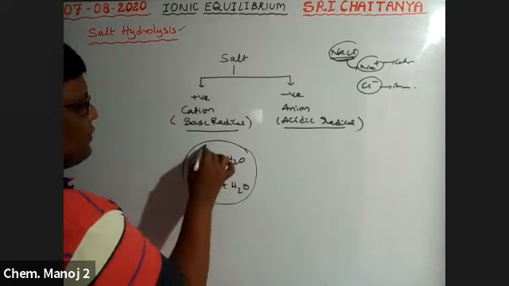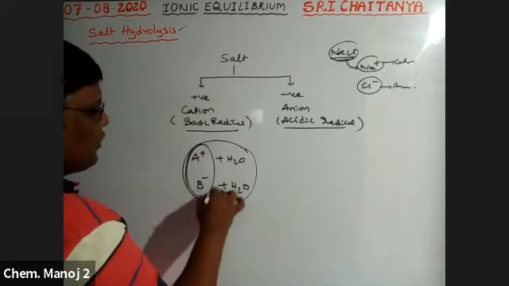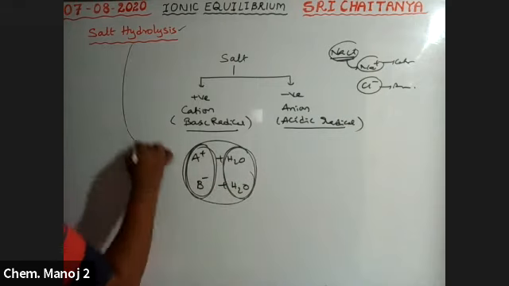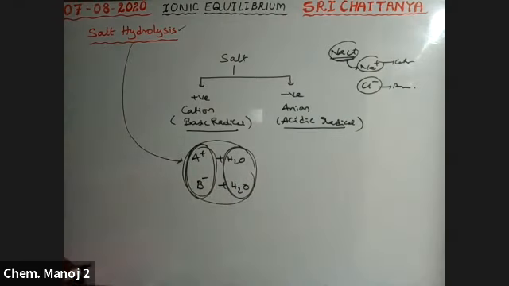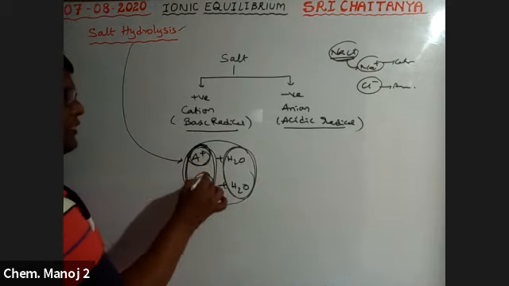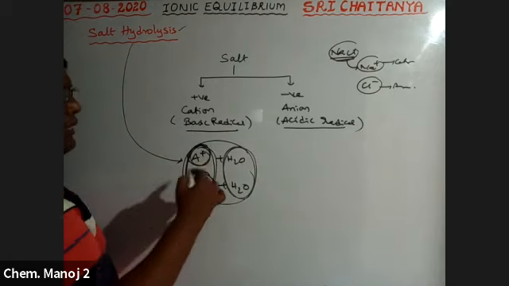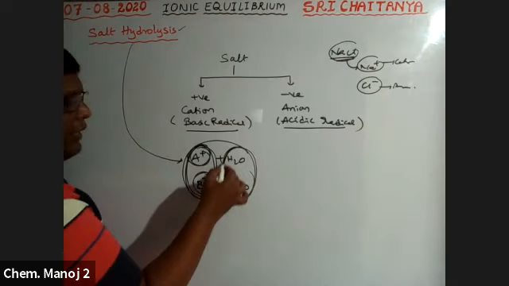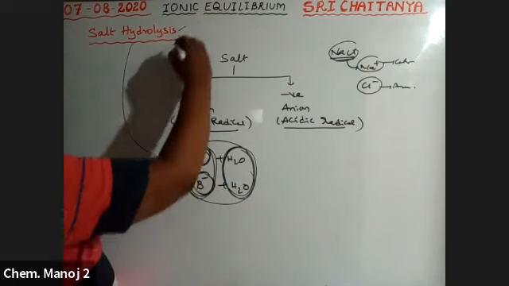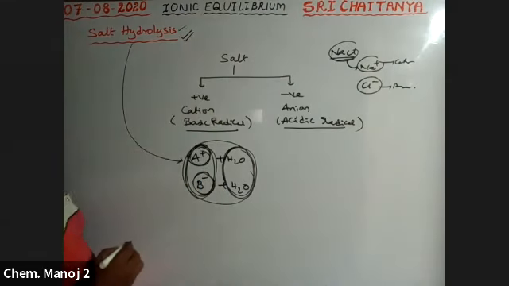When ions from a salt react with water, it is called salt hydrolysis. That is, the cation or anion or both of the salt may react with water, and that interaction is called salt hydrolysis.